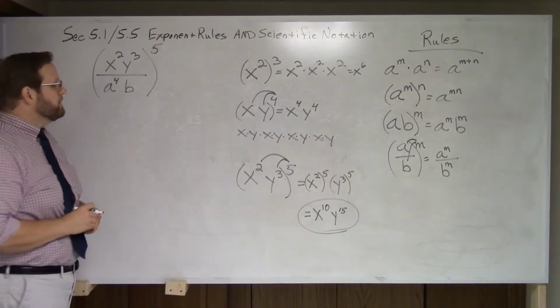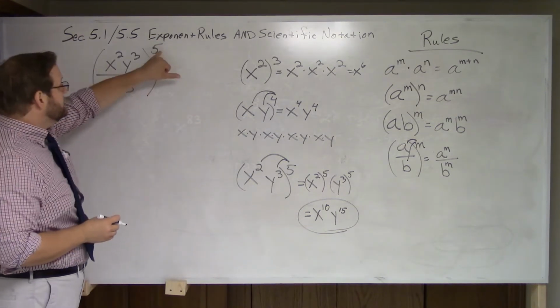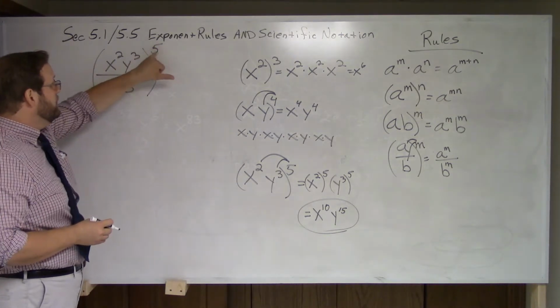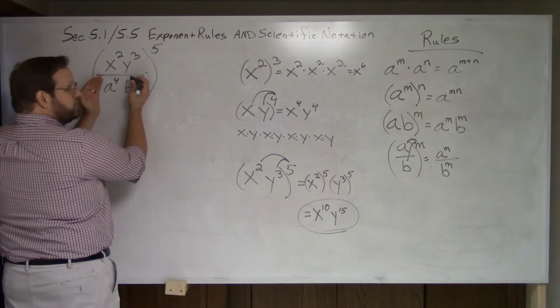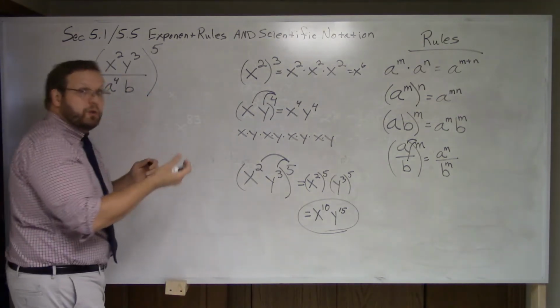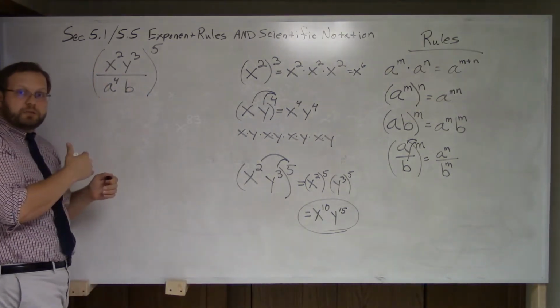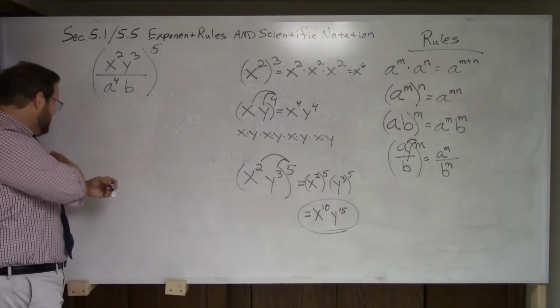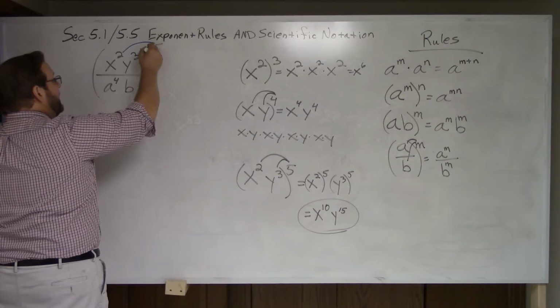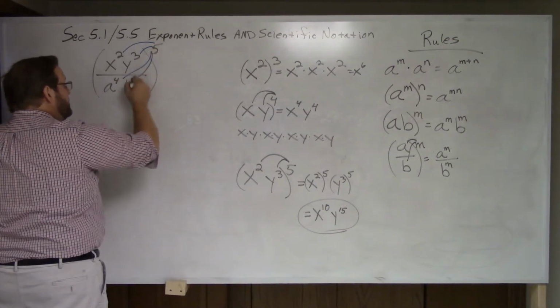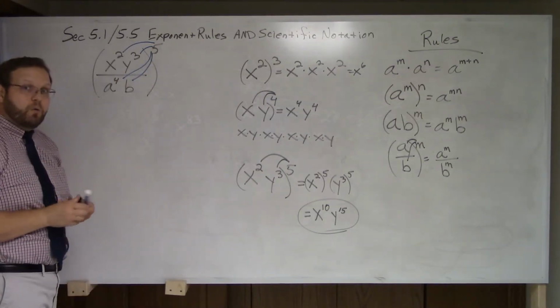Okay? Now that last rule tells us to take this 5th and put it on the top, put it on the bottom. But when we're putting that 5th power to that whole denominator and whole numerator, we would then put it into each of those pieces as well. So really what's happening is we're taking that outside exponent and putting it on every piece that's inside that quantity.